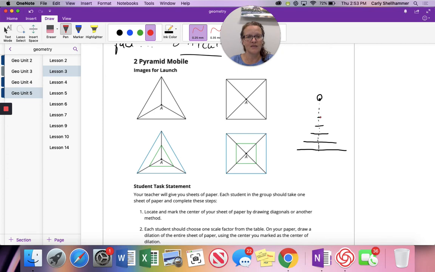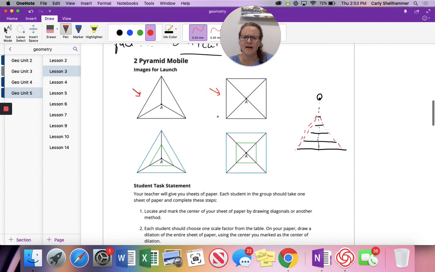Such that if you drew a line from here down, it would show you a very symmetrical figure. So if we had triangles and we did a scale factor of each triangle and it got smaller, smaller, smaller, and then we stacked them on top of each other, we would make a mobile, or a square or a circle or a rectangle or anything else.